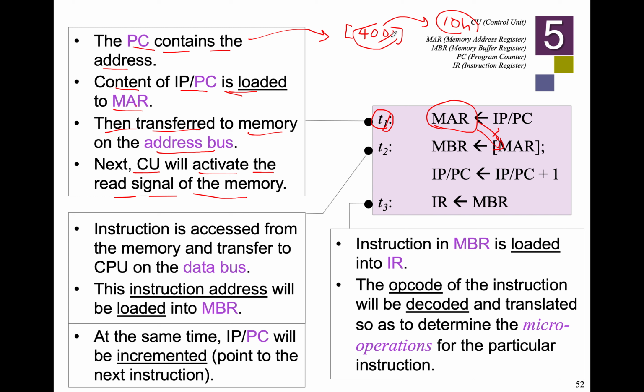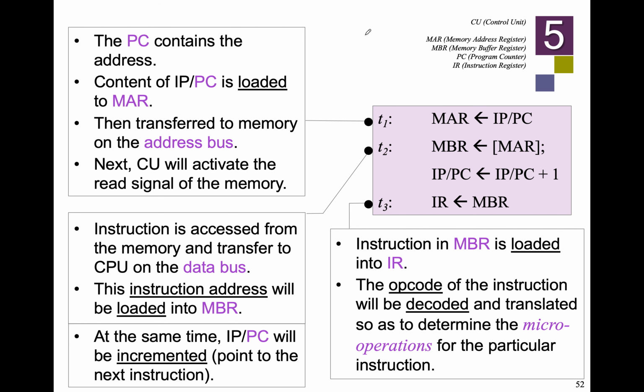So what happened is you need to load from this value, but you did not send it yet to here. So you just load to your MAR first. Then you're going to transfer to memory on the address bus, but it is just transferring, not yet sent to the register. Next, you will activate the read signal of the memory.